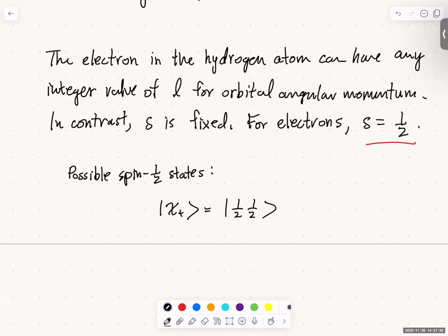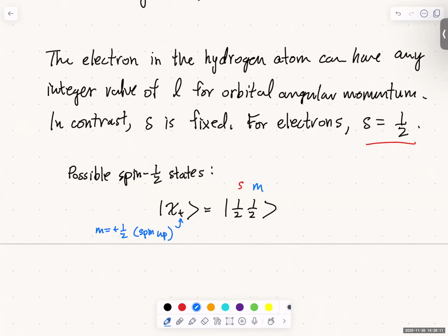I'm going to write it down as 1/2, 1/2. And so what this represents is spin, S is 1/2, and it's always going to be 1/2. That's never going to change. The second number represents M, and M could be either minus S or plus S. It's minus 1/2 or plus 1/2. The reason we call this the chi plus state is because M is equal to plus 1/2, and that's what we'll refer to as the spin up state.